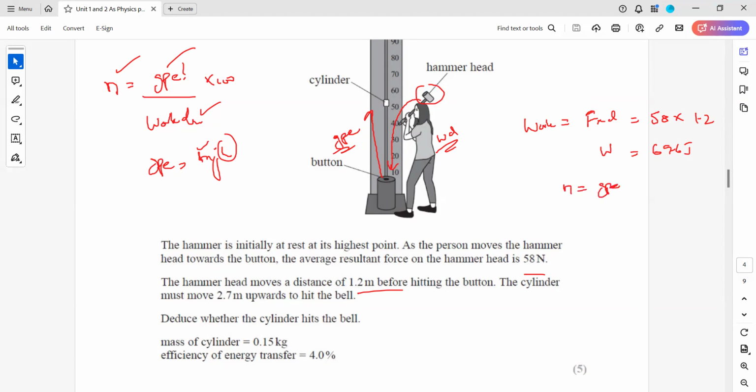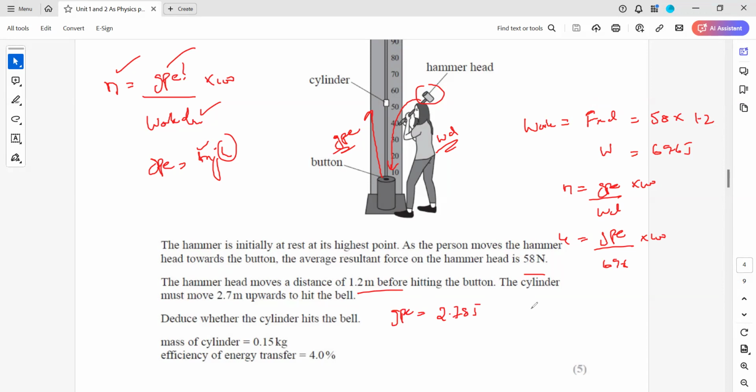Efficiency is the gravitational potential energy divided by work done, times 100. Efficiency is only 4%. Gravitational potential energy we don't know. The work done is 69.6. So you simplify and find the gravitational potential energy. 4% of this will be about 2.78 joules. So the GPE is 2.78.